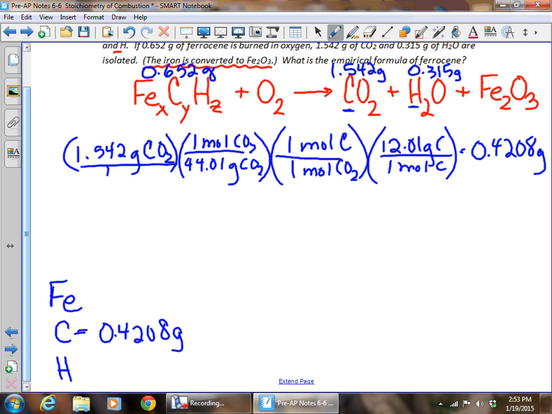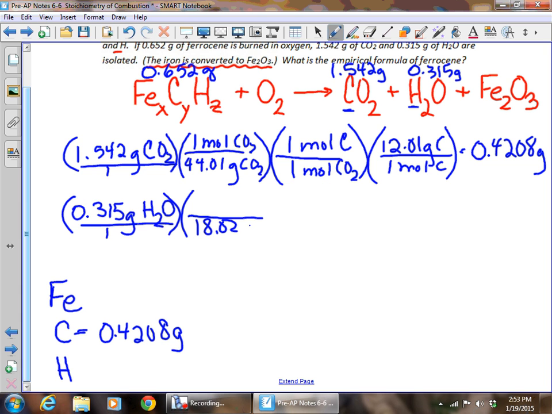Now let's get our hydrogen puzzle piece. We know that we've got 0.315 grams of our water. And we know that it's 18.02 grams of water per mole. Don't forget, this is one of the most common mistakes.